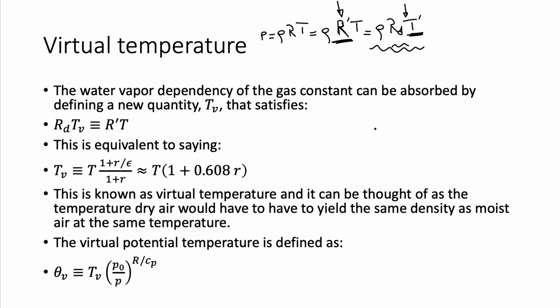And so, another way that you could put this is that instead of using the temperature of the gas and the new gas constant, you could ask, what is the temperature that a completely dry gas, completely dry air, would have to have in order to have the same density as moist air?